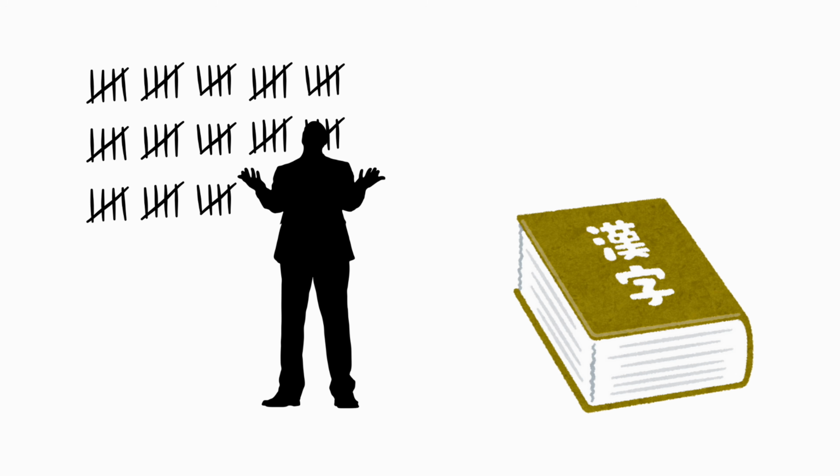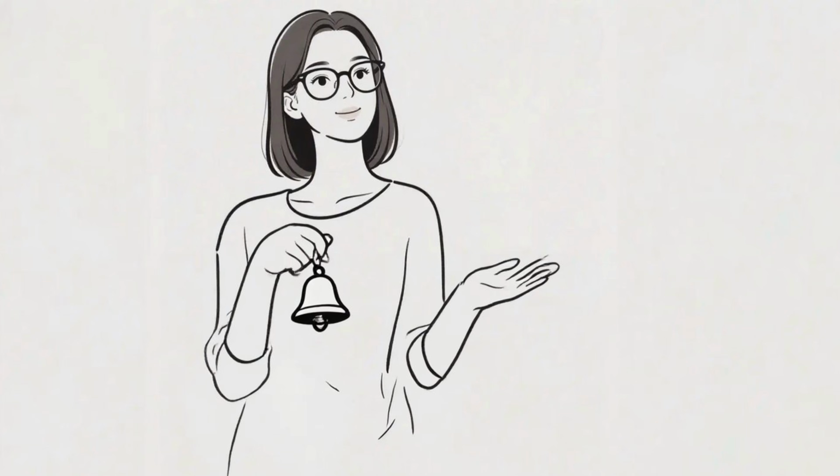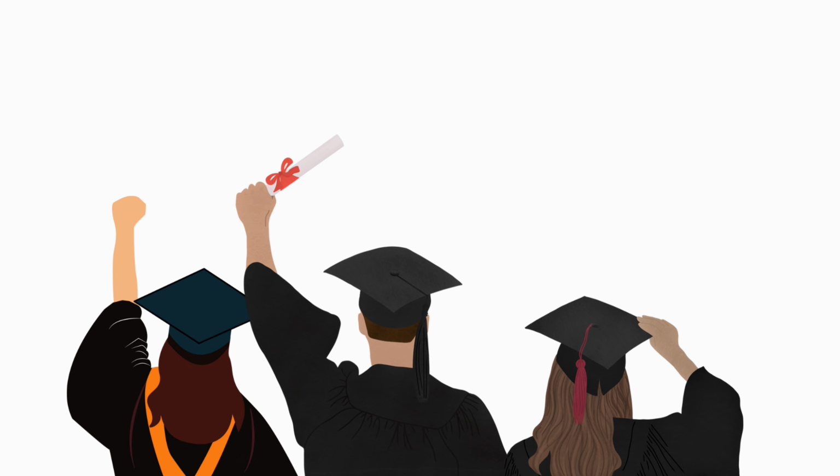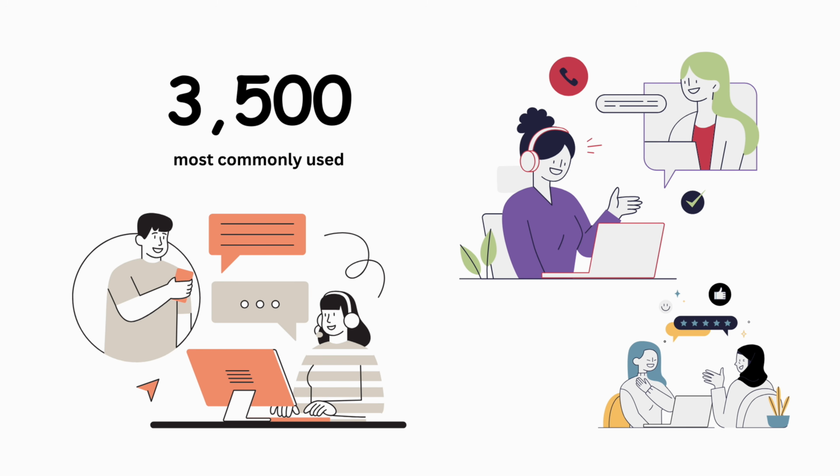Now, in modern Chinese, the total number of Chinese characters is more than 60,000. But wait, don't worry. The average literacy level of a Chinese college student is only about 4,000 to 5,000 characters, and only around 3,500 are commonly used.